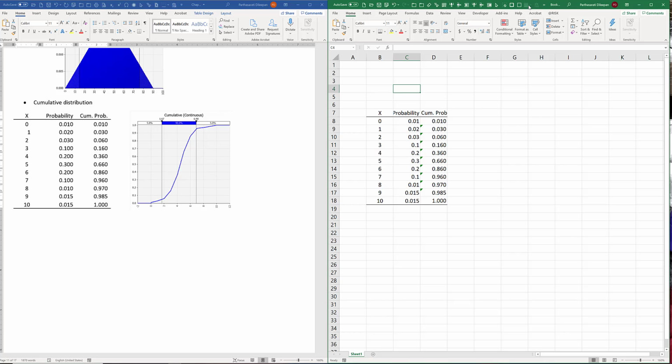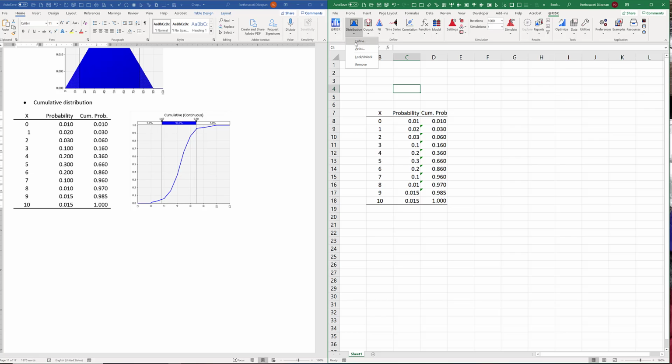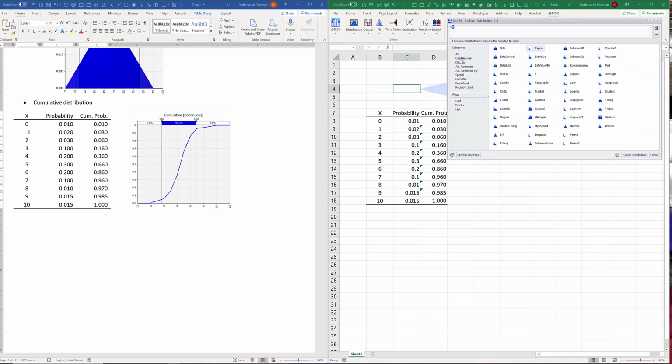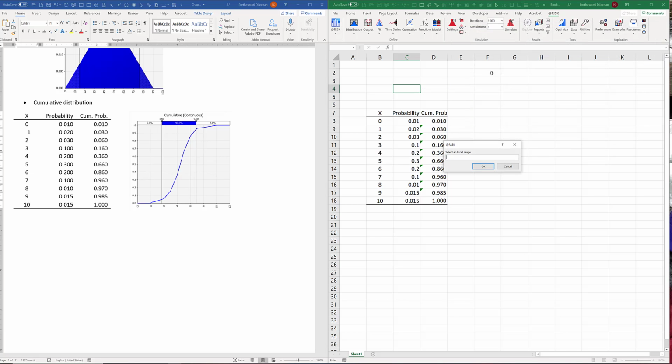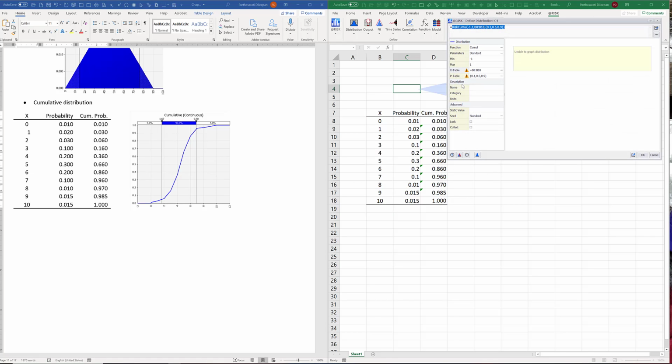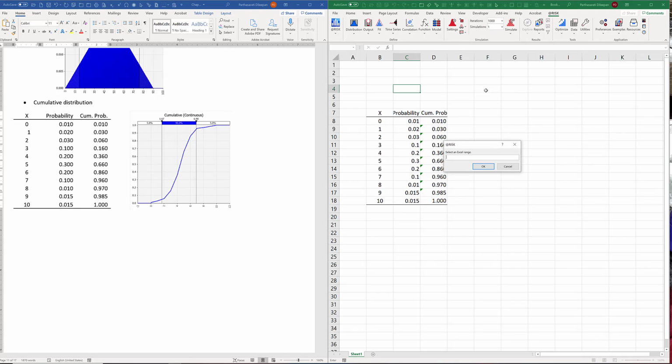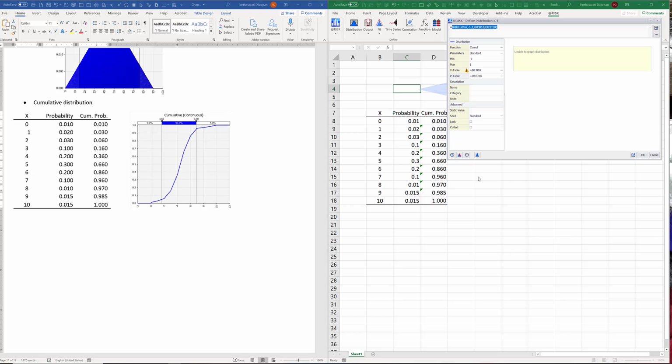So now you go to define, continuous distribution. Select cumulative distribution. So we have the X table and the P table. The X table is that, and the P table is the cumulative probability.